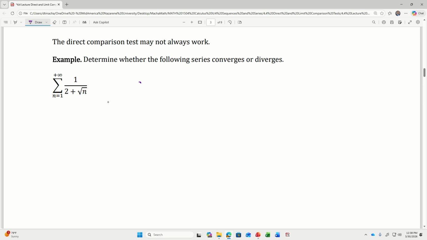When I look at this, my original series is 1 divided by 2 plus square root of n. An obvious way that we might want to compare this series to something else is we could say, I'm going to compare it to 1 over square root of n, because that would be the same as 1 over n to the 1/2 power.